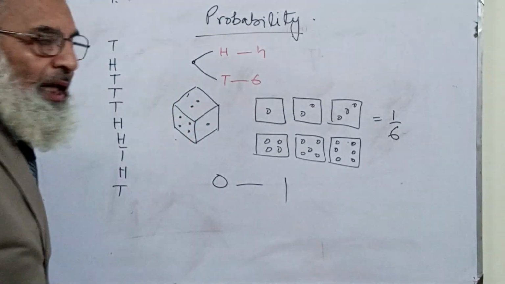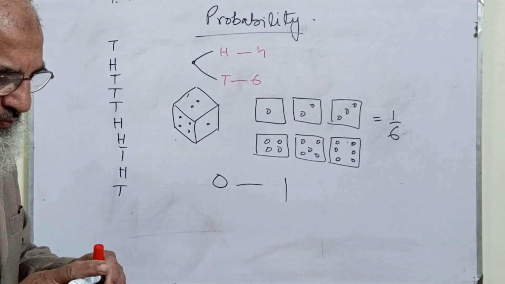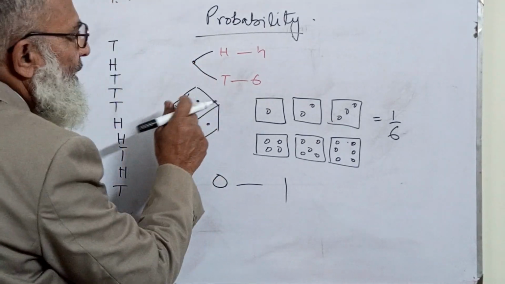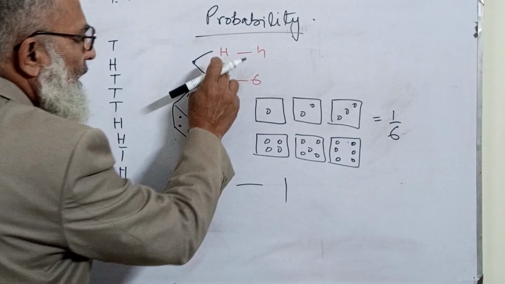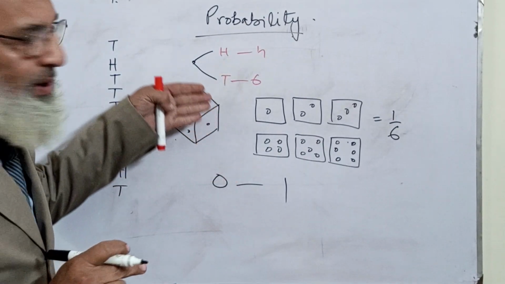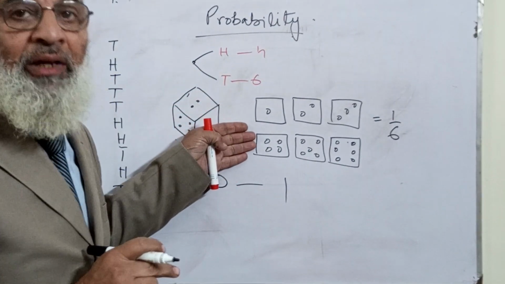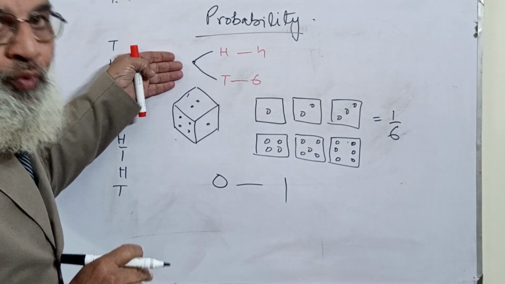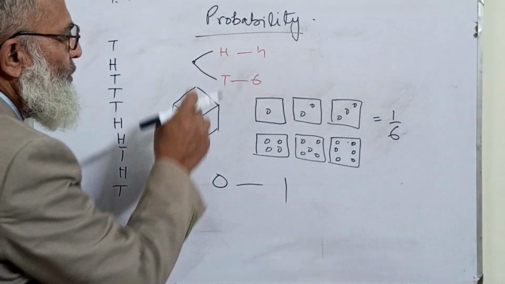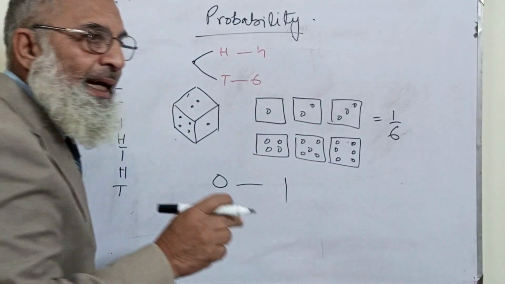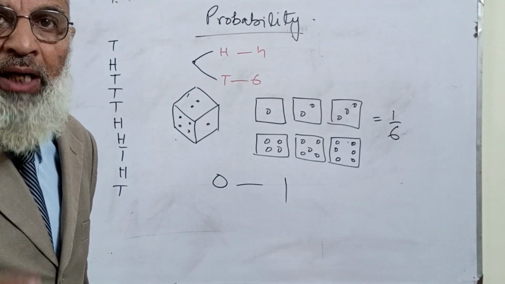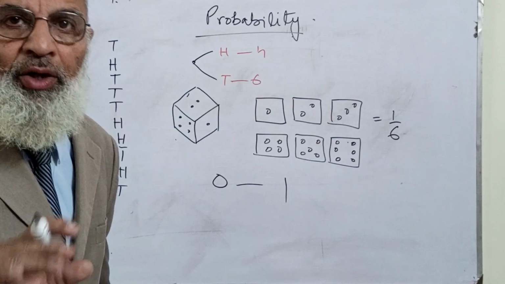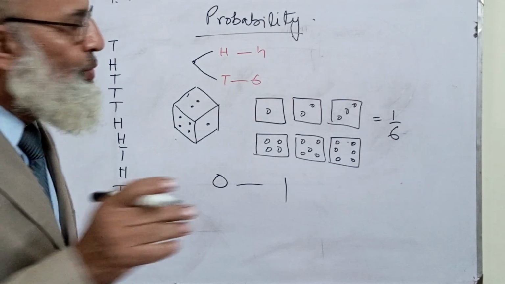Similarly, in our example of head and tail, there are two possible outcomes. Here there are 6 possible outcomes, and here there are two. Now when you say two possible outcomes, the chance of one face is 50% or 1 by 2.